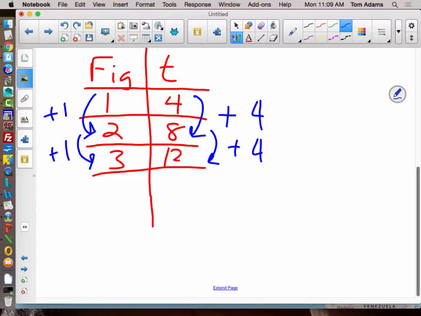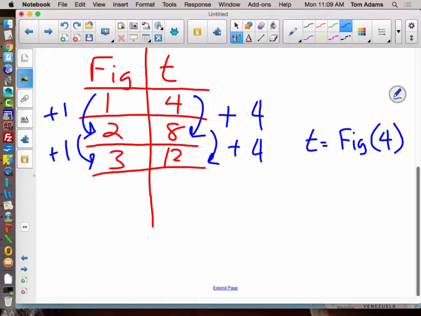Yeah, so I might say that t, how do I write that down as an expression? Could we say that's equal to the figure times 4? Yeah. Yep.